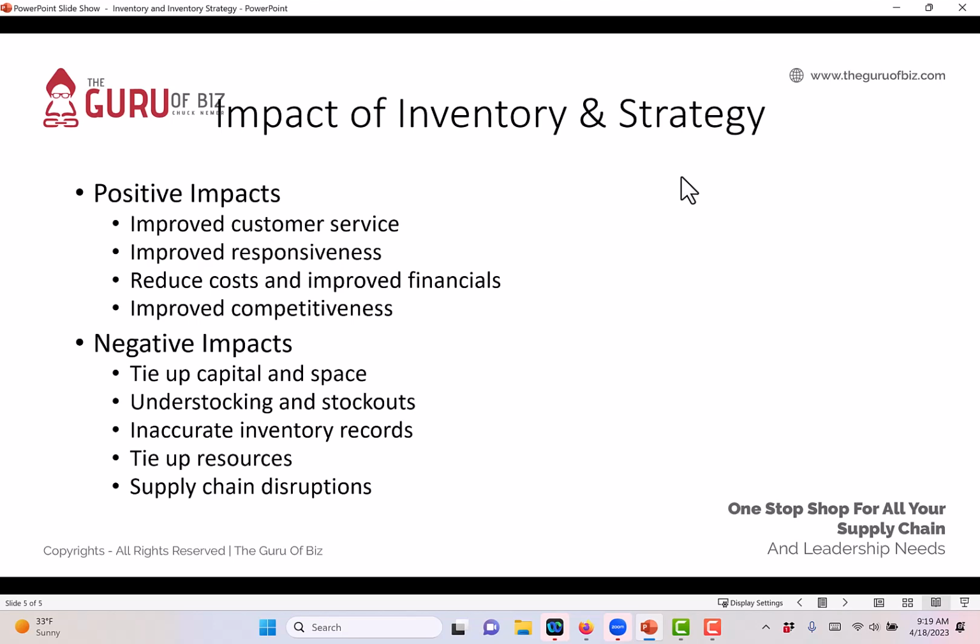So that can increase costs and reduce profitability if we don't have policies and procedures in place to manage effectively. And lastly, and just as important, it can result in supply chain disruptions if we don't plan and execute adequately.